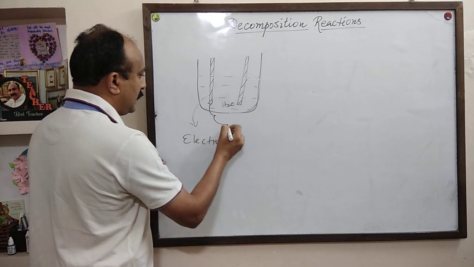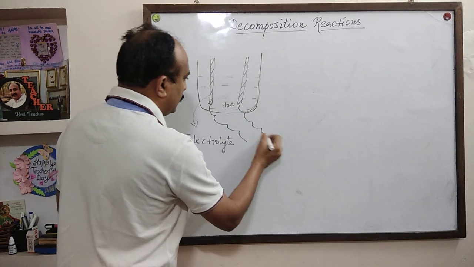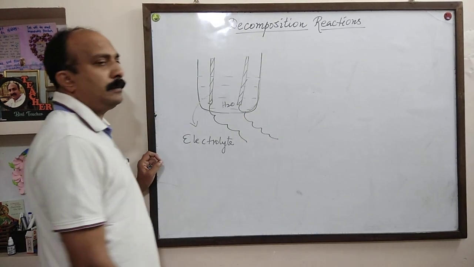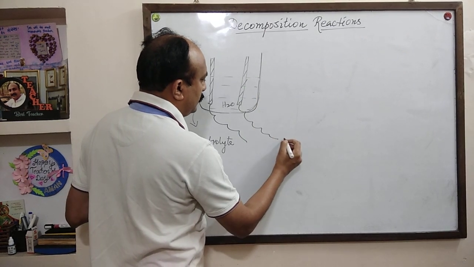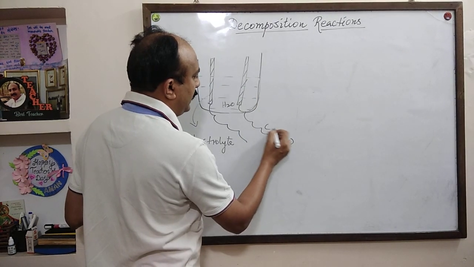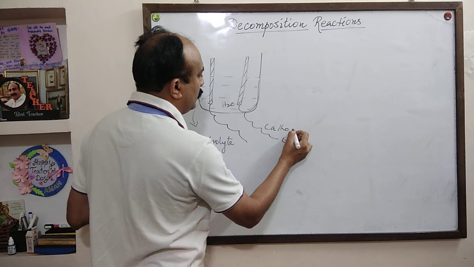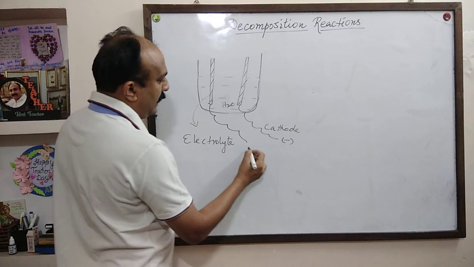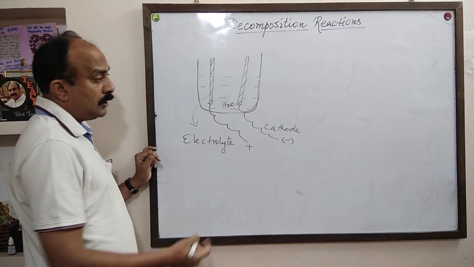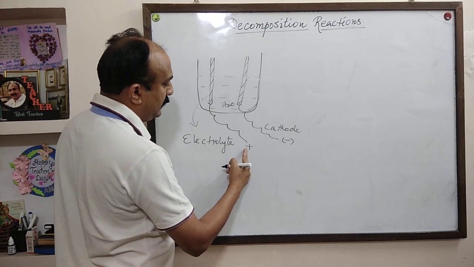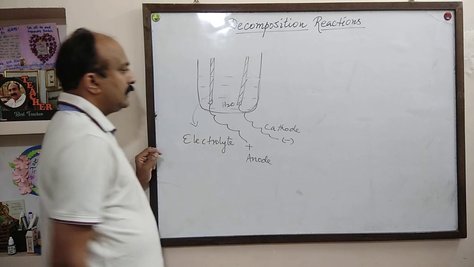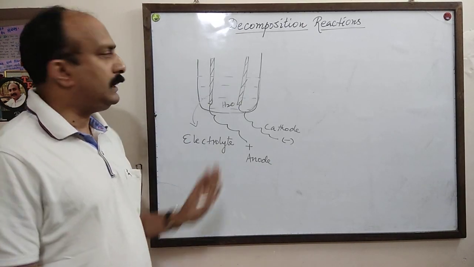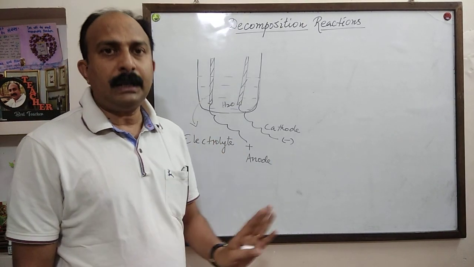These electrodes are connected to the negative and positive terminals of a battery. The one which is connected to the negative terminal of the battery is known as cathode. And the one which is connected to the positive terminal of the battery is known as anode. So basically this is the arrangement in every electrolytic reaction.